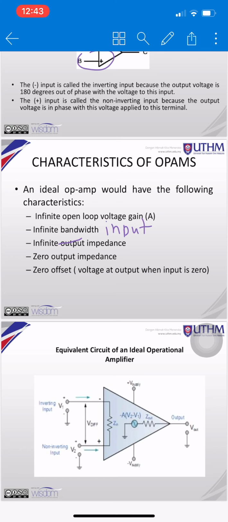The last one is the zero offset voltage. What this means is that the amplifier output will be zero when the voltage difference between the inverting and the non-inverting input is zero.